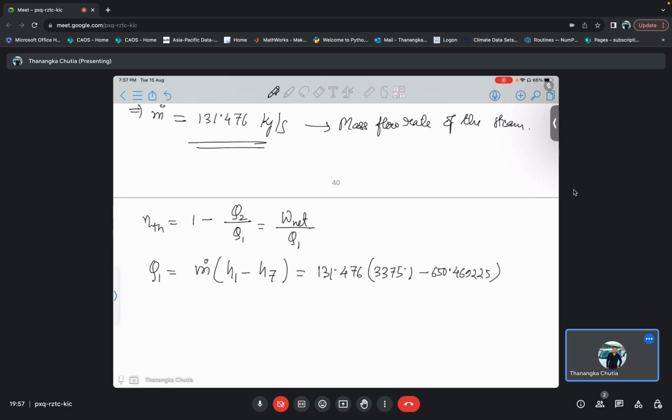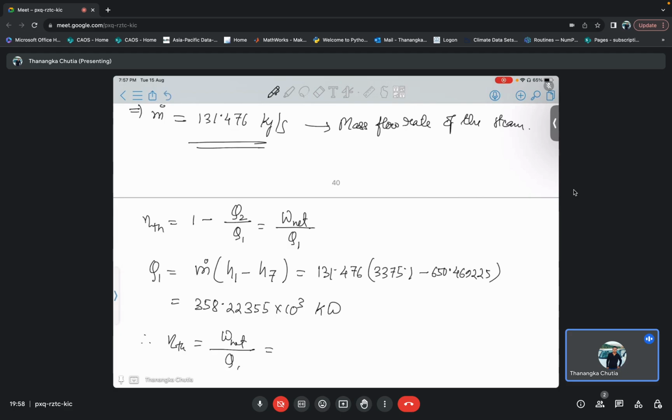So this will be 131.476 times 3375.1 minus 650.469225, which gives 358.22355 into 10 to the power 3 kilowatt.